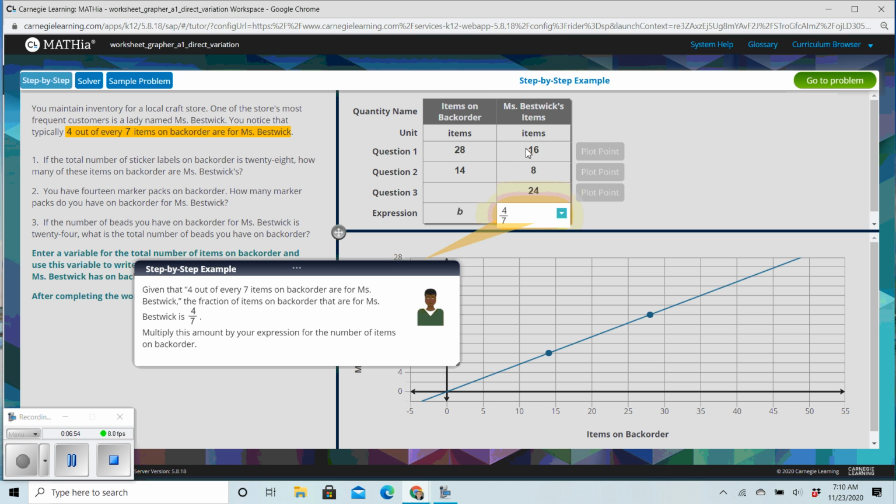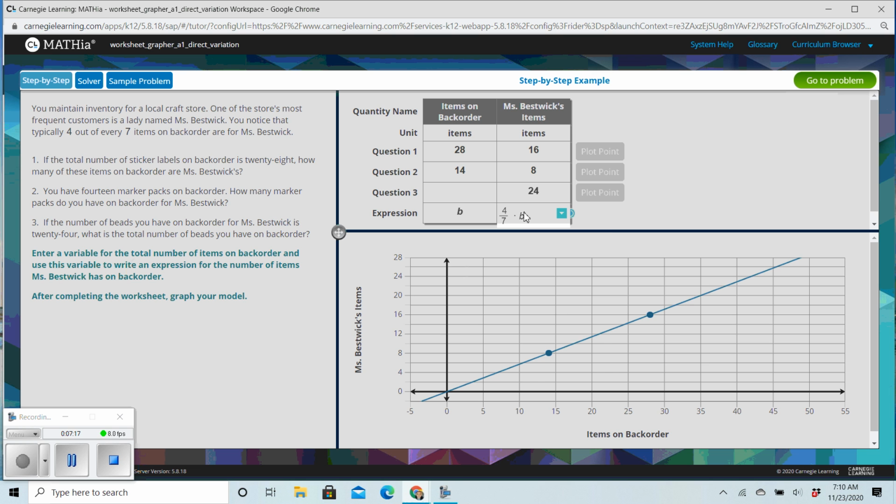Previously we would type 4/7 and then multiply by the number of items on back order. Similarly here, when we're writing an expression, we're using our 4/7, but we're going to multiply the amount by our expression for number of items on back order. Well, the items on back order in our expression was B, so we're going to multiply that by B.